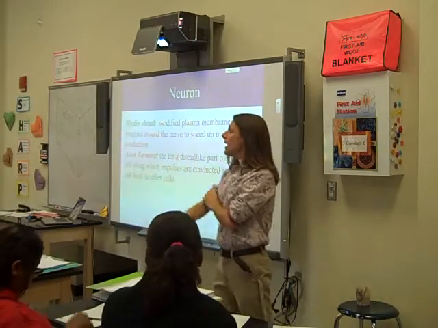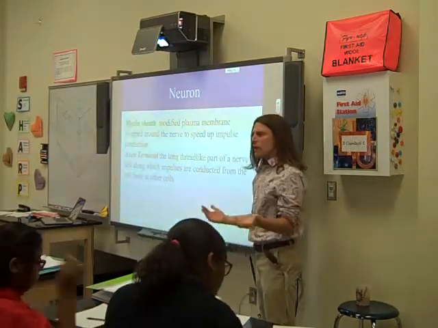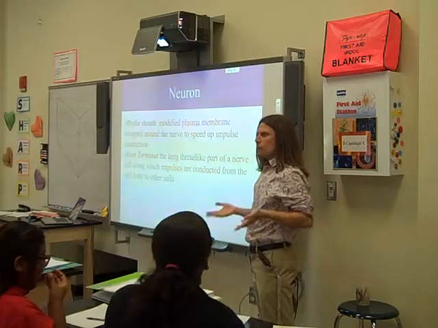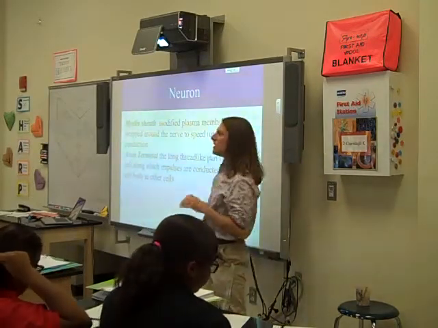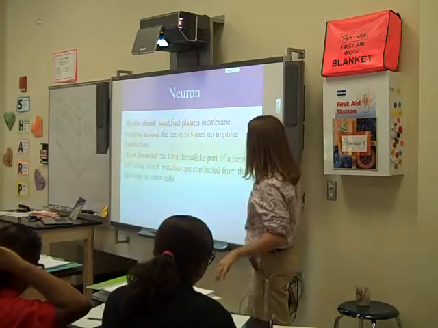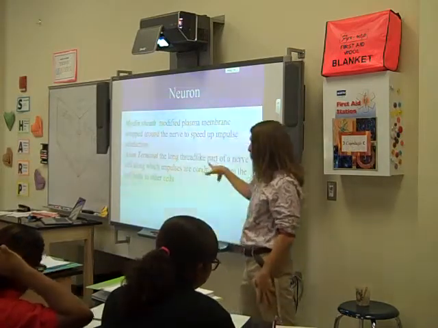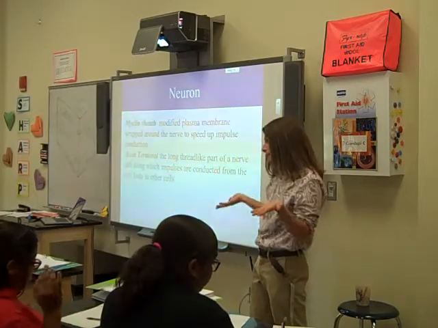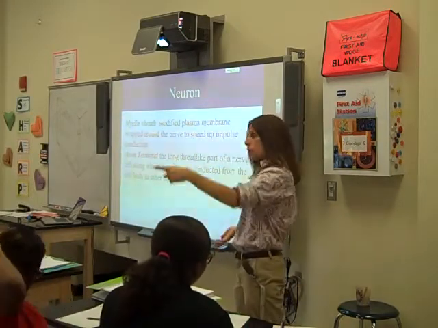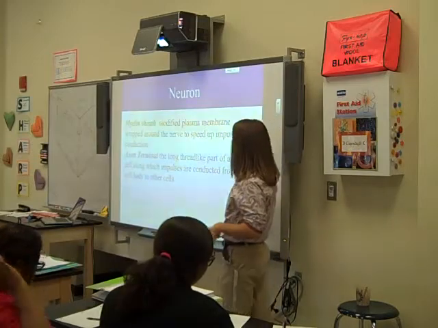Yes, it ends, right? So we all know the Terminator films. They're a little older than a lot of you guys, but a termination is the end of something, right? So obviously what part of the neuron is this? The beginning or the end? It's the end, right? So the terminal is the end of the neuron.